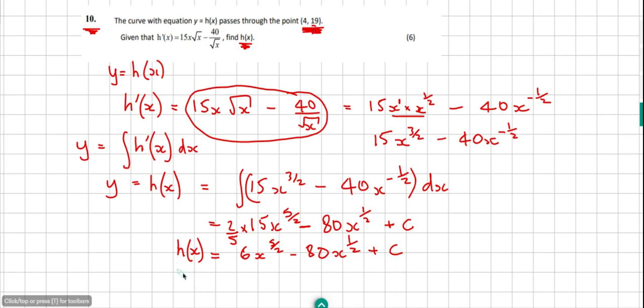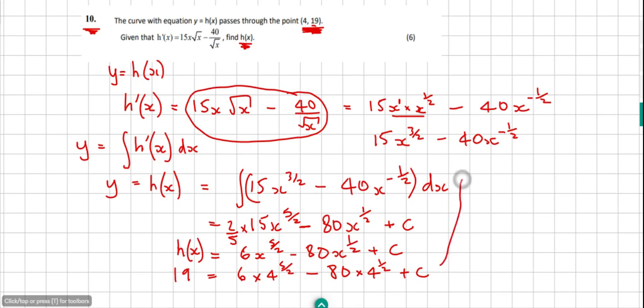So we could say 19 is equal to 6 times 4 to the 5 over 2, just simply replacing the x by the value that we've been given, minus 80 times 4 to the half, plus c.